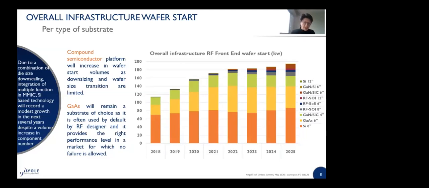But due to a combination of die size downscaling and integration of multiple functions in this MMIC, the silicon-based technology will record a modest growth in the next several years, despite a volume increase in terms of component number. Otherwise, you will find in yellow the compound semiconductor platform. They will increase in wafer start volume as the downsizing and the wafer size transition are limited. So GaAs will remain a substrate of choice as it is often used by default by the RF designers as it provides the right performance level at the market for which no failure is in fact allowed.